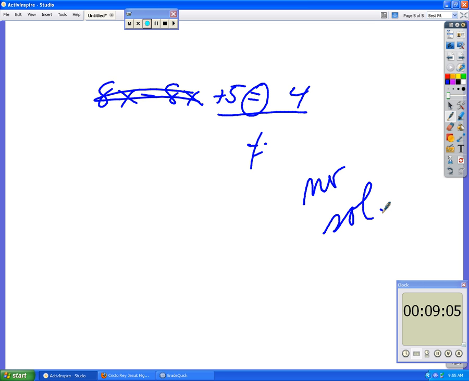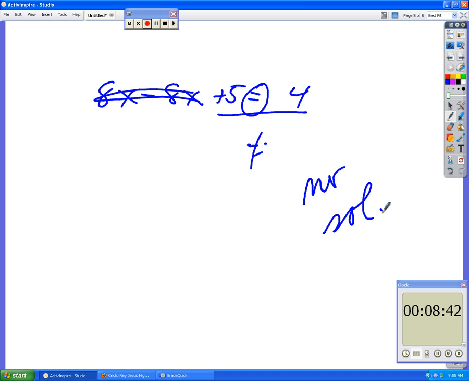When are these equal? Never. Does it matter what x is? No. 5 is not equal to 4. There's no x's in the problem, so I can't change anything. The value of x doesn't change this situation. So no matter what x is, 5 is still not equal to 4. So this is no solution.